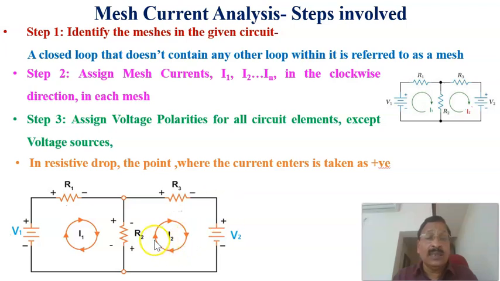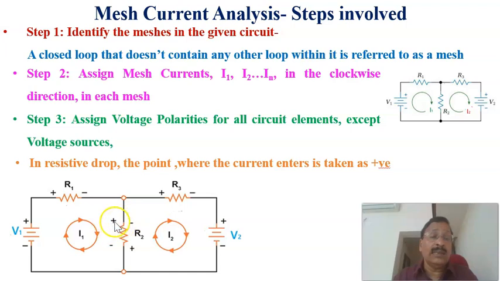Similarly here, I2 is entering at this point, that's why it is plus and this is minus. In the first mesh the current I1 is flowing here, and in the second mesh the current I2 is flowing like this, so the net current in this direction is I1 minus I2.